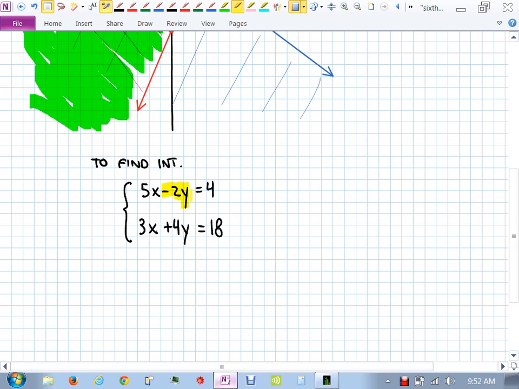We need it to be a what to cancel with a negative 4y, right? So I will multiply that entire equation by, not negative 2, sorry, by 2. And this will create a new equation. Remember that 2 goes through the entire way, right?